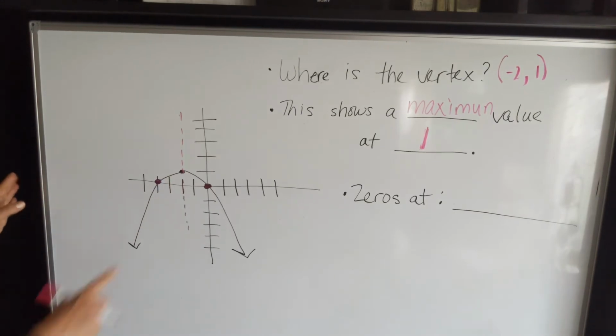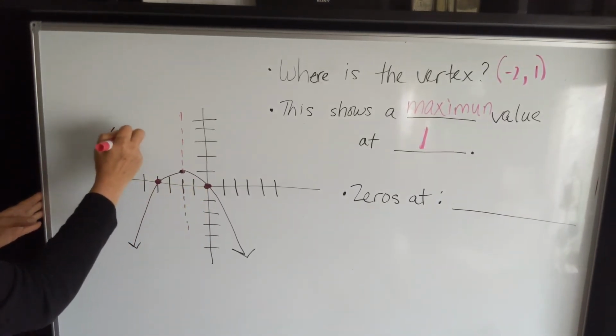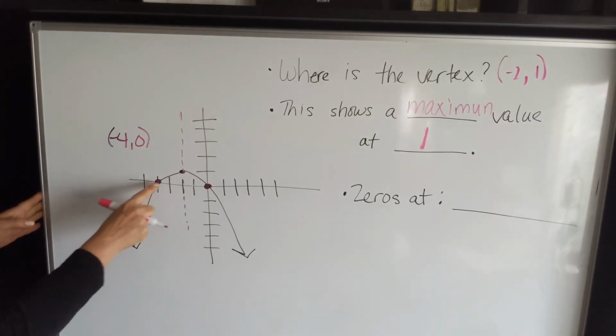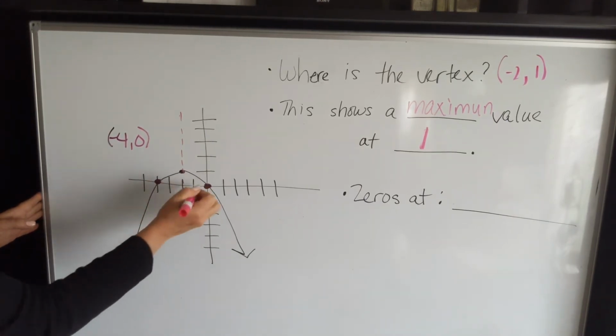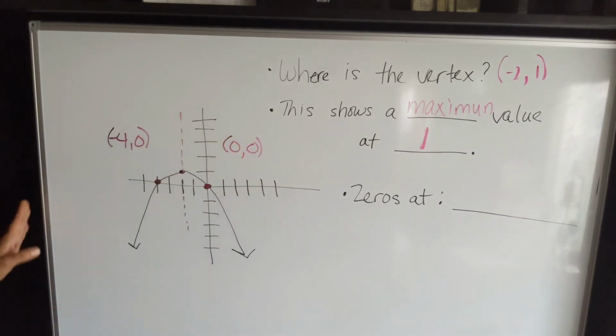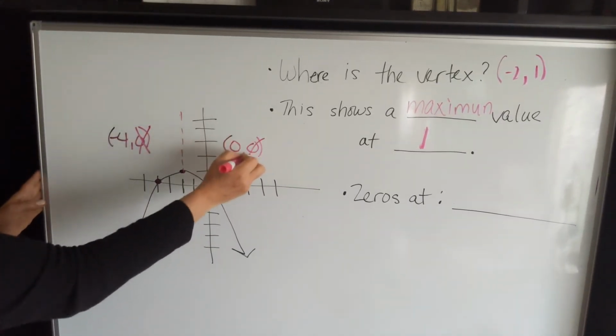They're called zeros because this point right here is at -1, 2, 3, 4. It's at -4, 0. It's called the zeros because it means that the y value is a 0. It's just where it crosses the x-axis. This 0 happens to be 0, 0. Honestly, I don't care about the y values when it's asking me for the 0.